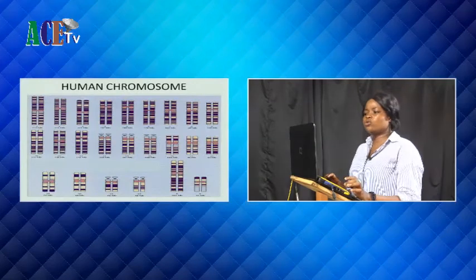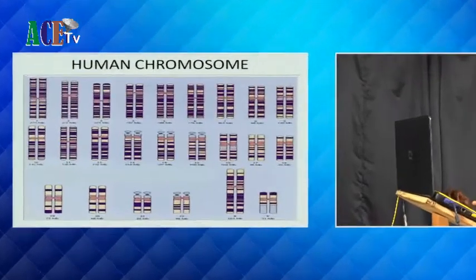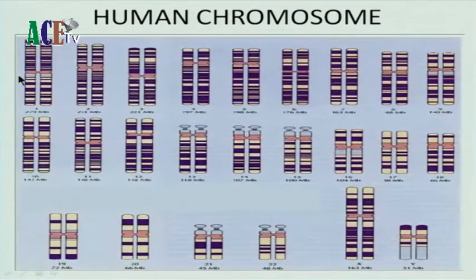Let's look at how human chromosomes look. This is the arrangement of human chromosomes. If you start counting, you have 1, 2, 3. Here, they occur as pairs, and it is 23 pairs. The only difference that you see here is this one, it is the X, then you have your Y. You can see that you have some regions that are tightly packed and some regions that are light.